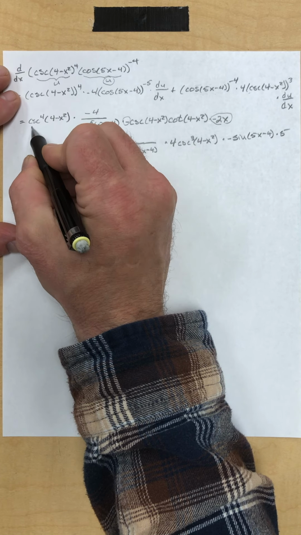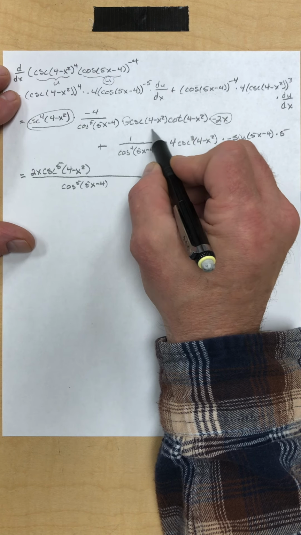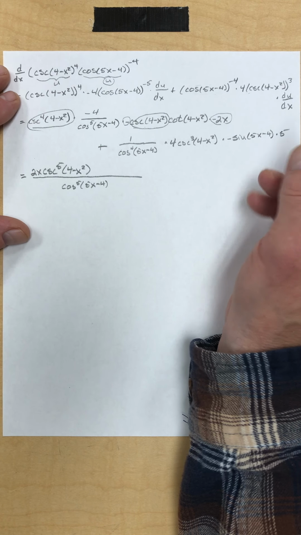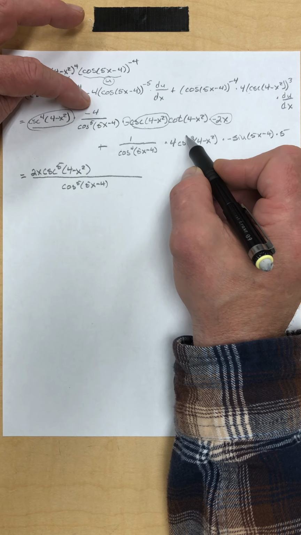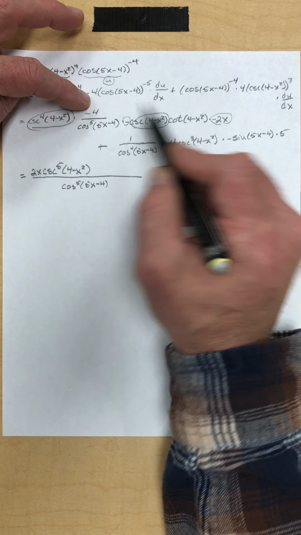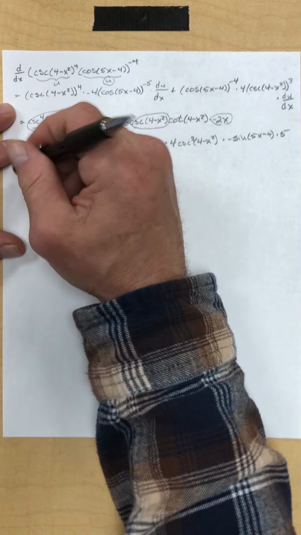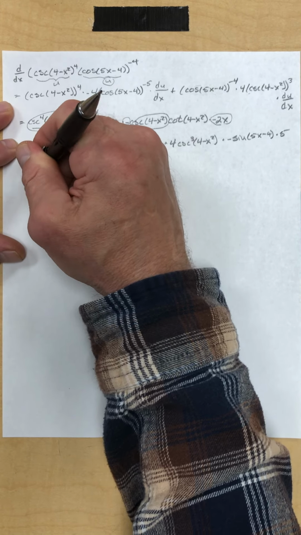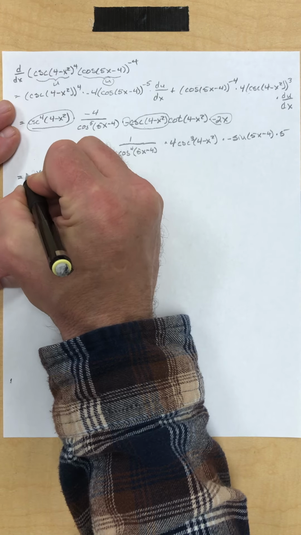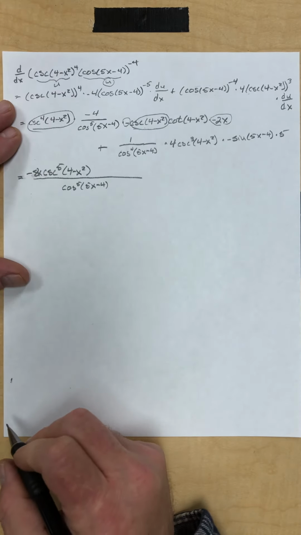So that takes care of this guy and this guy right here. I'm left with this, and I forgot about the negative 4. So negative times a negative gives me 2x times a negative 4. That's a negative 8x up top, not a negative 2x. I forgot about that guy. So we have a negative 8x up above.